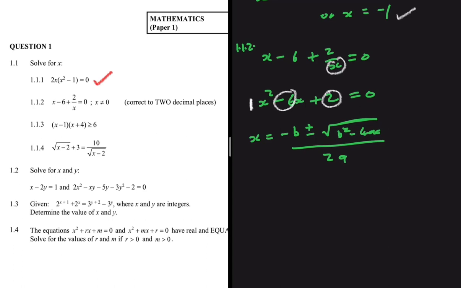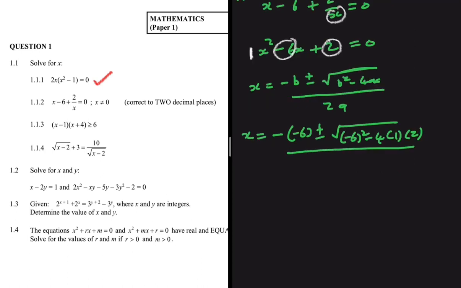So x will be equal to minus b, so that is minus 6, plus or minus the square root of b squared, so minus 6 squared, minus 4, a is 1 and c is 2. Everything divided by 2a, a is 1.